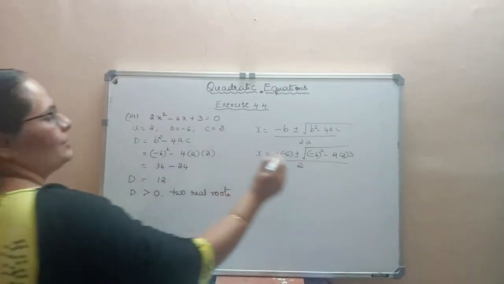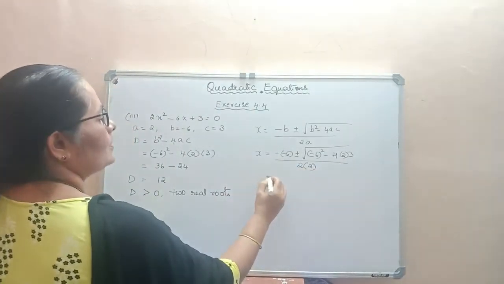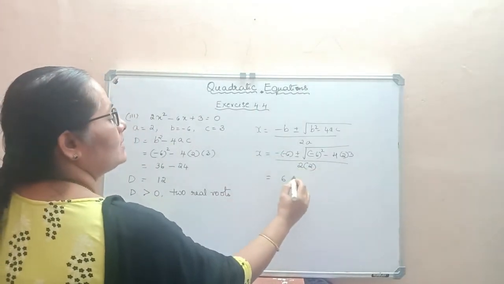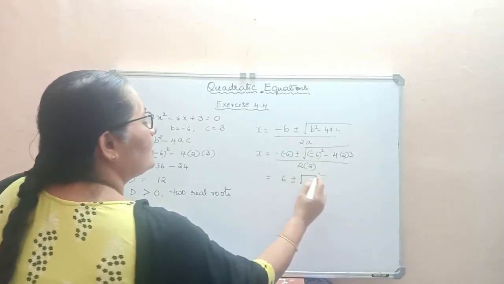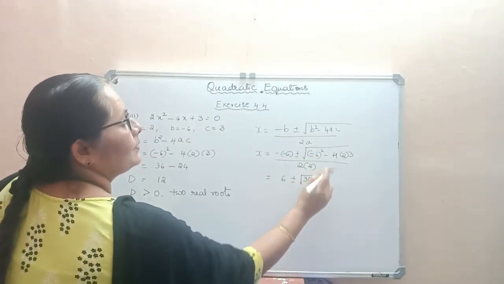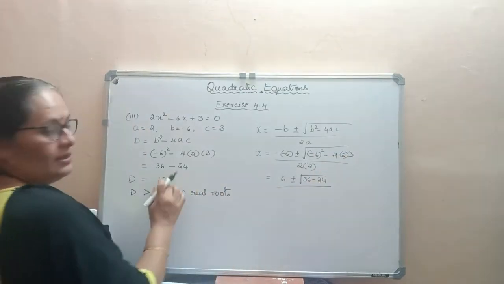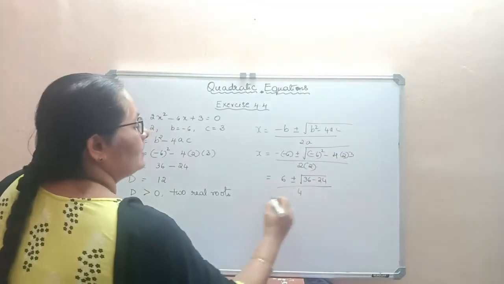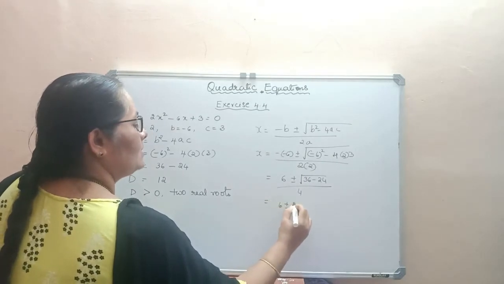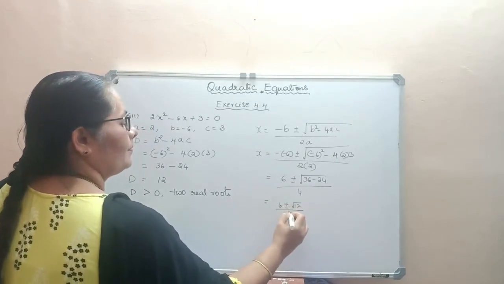What is a here? 2. So minus of minus 6 is plus 6. Root of 6 square is 36. 4 times 2 is 8, 8 times 3 is 24. Already we found here, which is 6 plus or minus root 12, by 4.